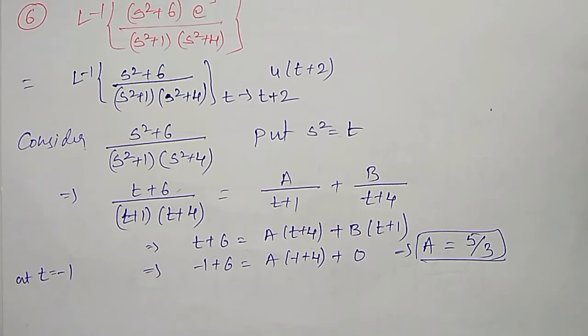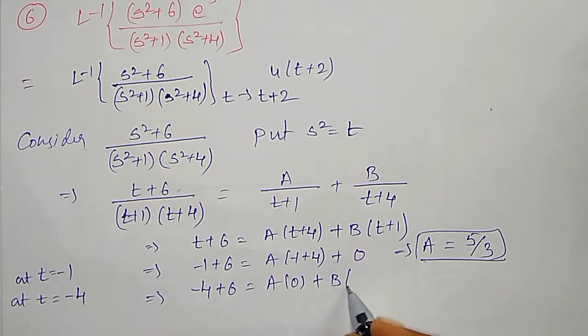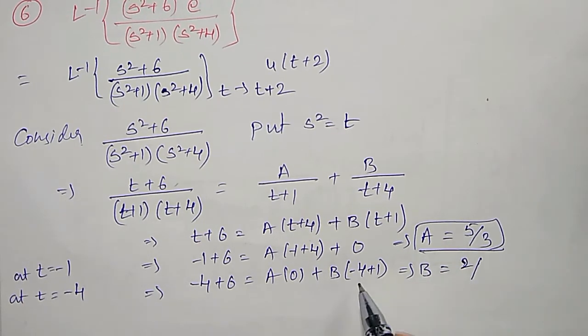Next, at t equal to minus 4, minus 4 plus 6 equals a into 0 plus b into minus 4 plus 1, which implies b is equal to 2 divided by minus 3.